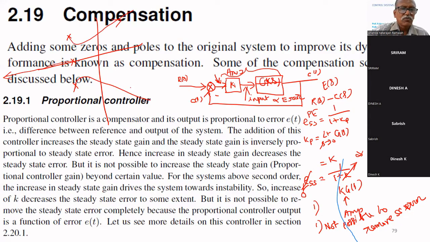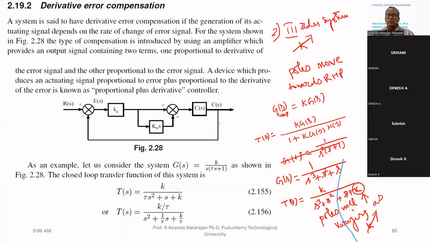It means two of the poles are moving towards the right hand side as K increases. That's why you cannot increase K beyond a certain value to remove steady state error. That is the second point.